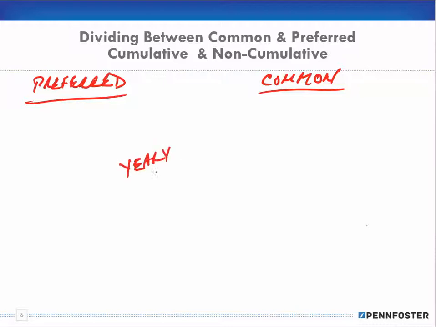Every year, the company looks and says, okay, we'll pay out a dividend. What I just explained is what you would do for that payment at one time, for that particular dividend declaration. But there's this idea of cumulative and non-cumulative.